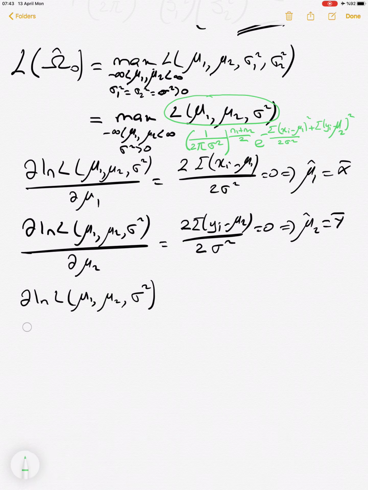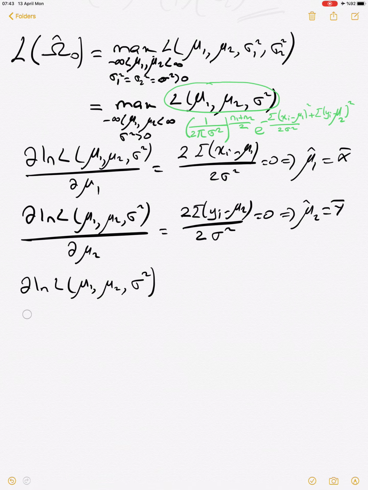This is the likelihood function that we want to maximize.